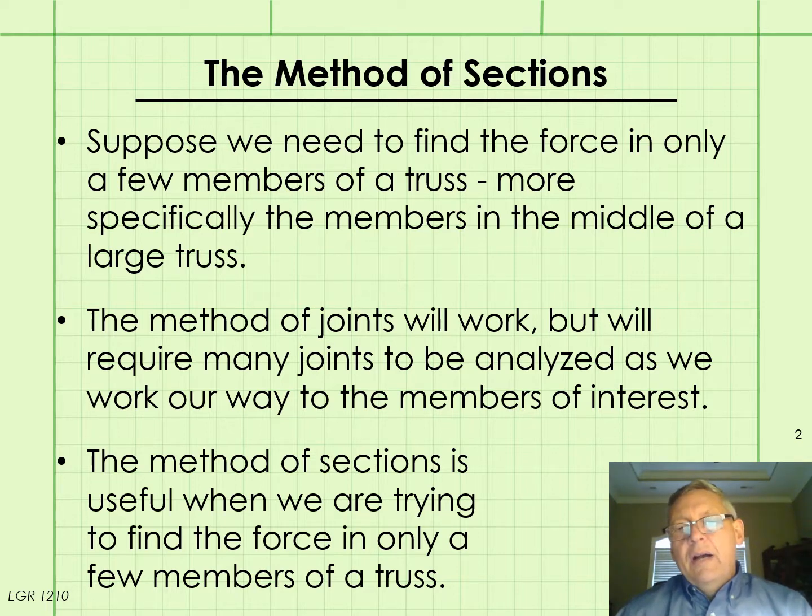So we have another method known as the method of sections that is useful when we are trying to find the force in only a few members of a truss, more specifically a large truss.